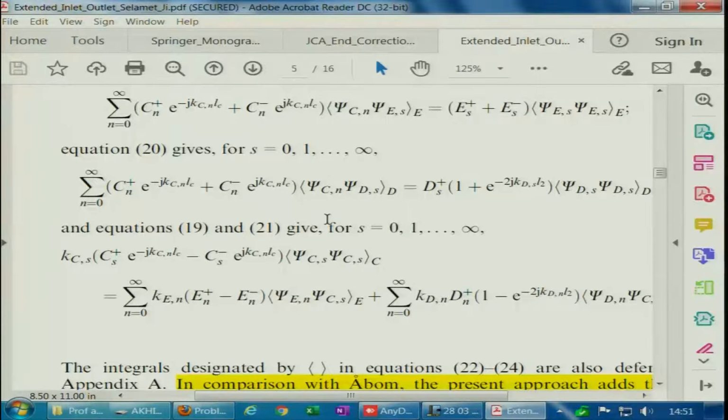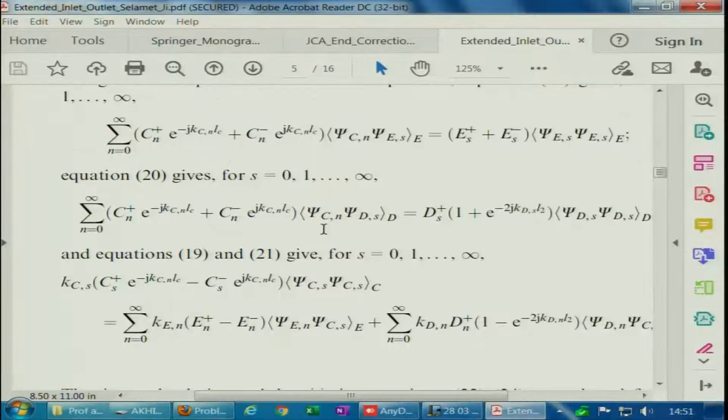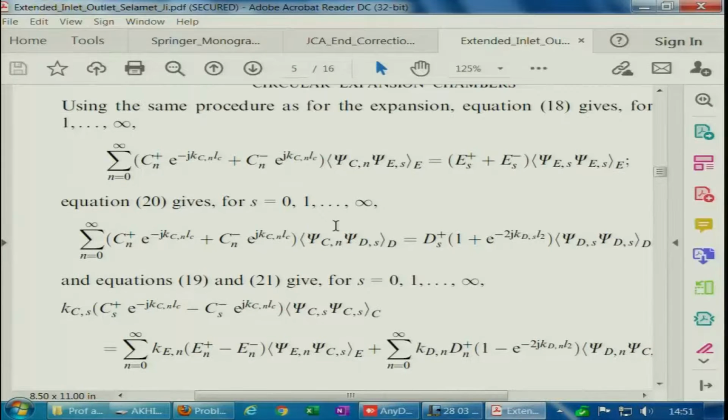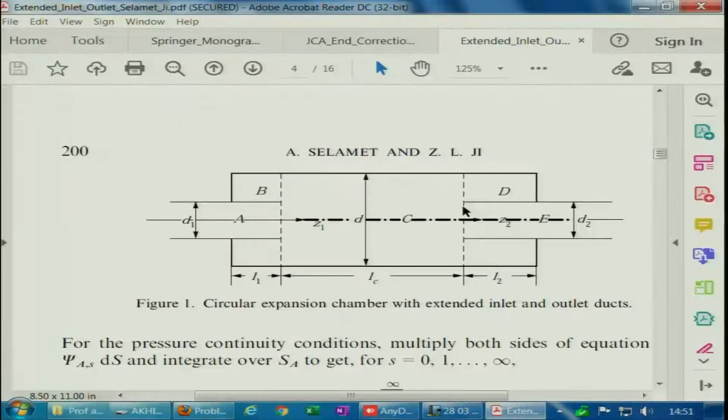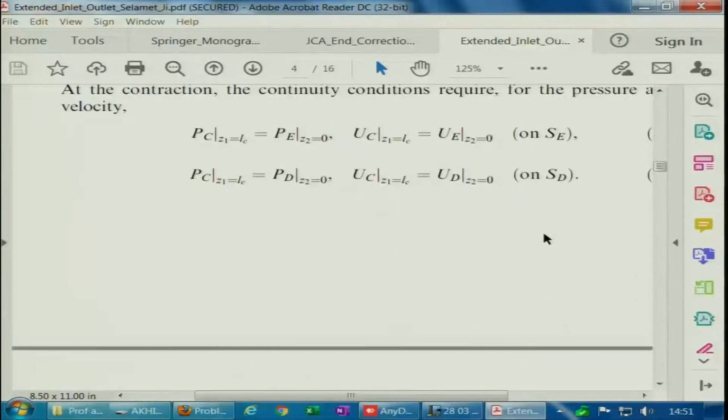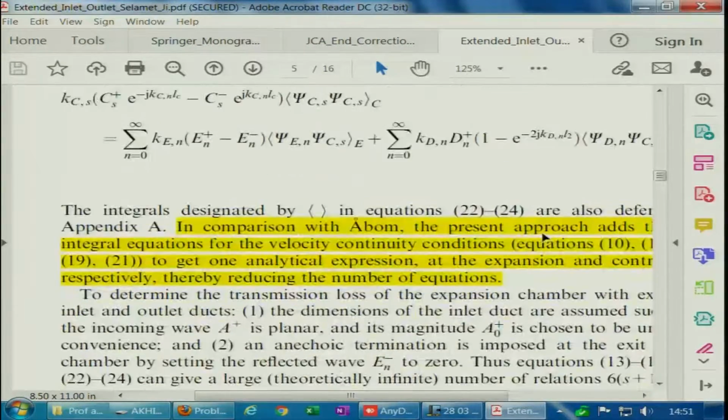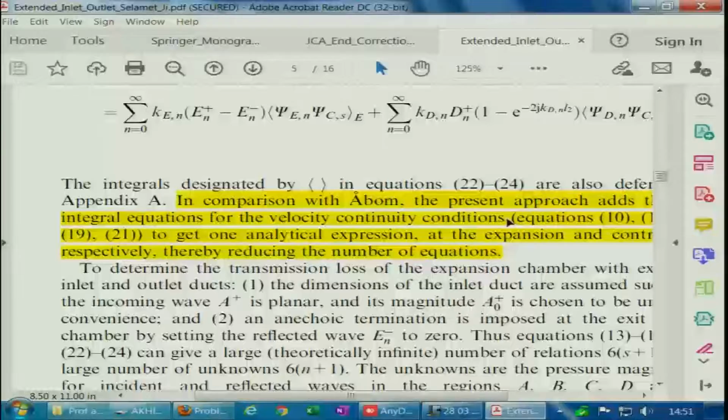Now, there is one thing. Basically, what is happening here is that we want to evaluate the impedance, the transmission loss performance. So, E plus is a wave that propagates in this direction, and E minus is a wave that propagates in the negative direction, where I am trying to point. So, E minus has to be set to 0. All the modal coefficients E n minus have to be set to 0.